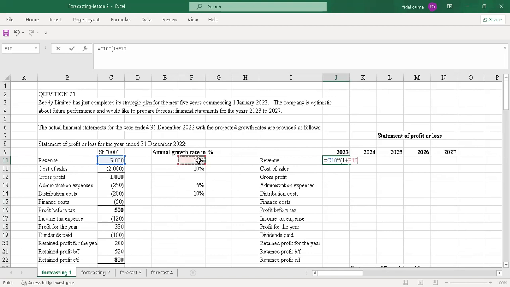The growth rate here was 10%, and I lock it completely. So you press Shift then 4, or you use the F4 button. So just click the F4 button, then you close, then you enter. Once I've locked that, I'll drag.